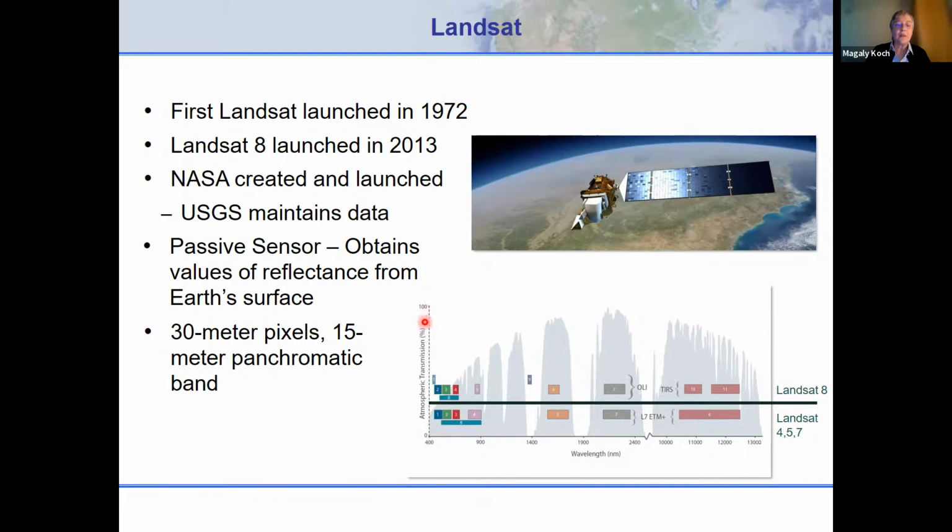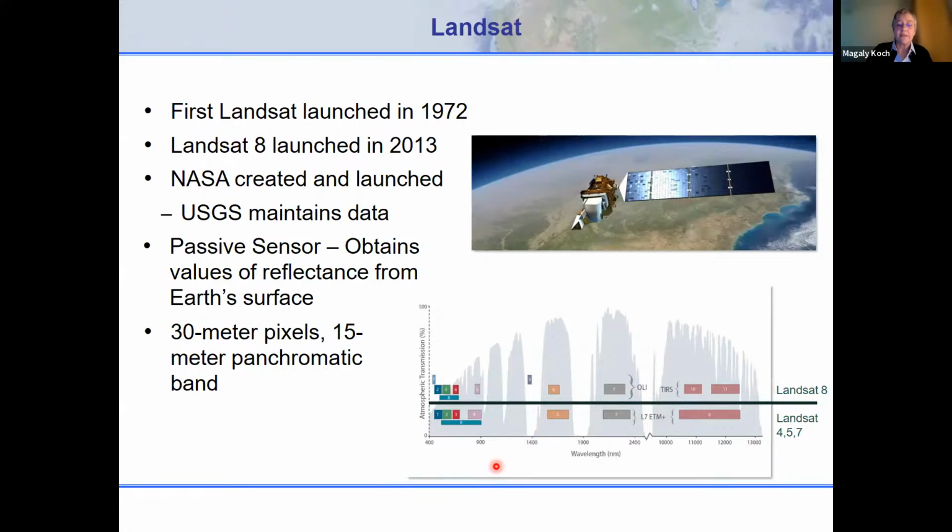And the y-axis shows how transparent the atmosphere is, and that's shown by the gray area here. So whatever is gray means that the atmosphere is more or less transparent. And what's white, so these gaps, means that the atmosphere is not transparent in those wavelengths. They basically block this type of radiation.